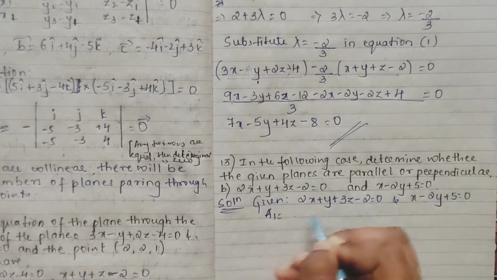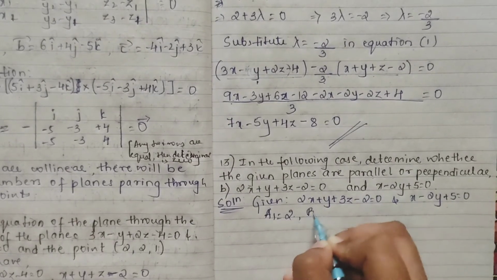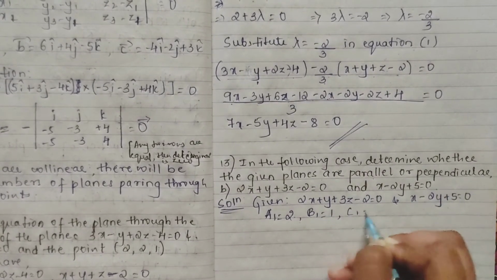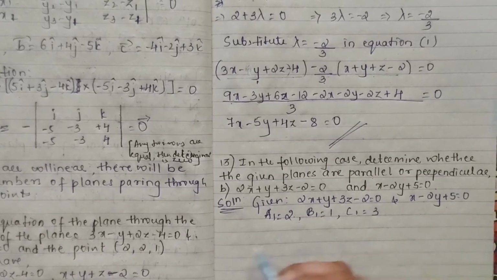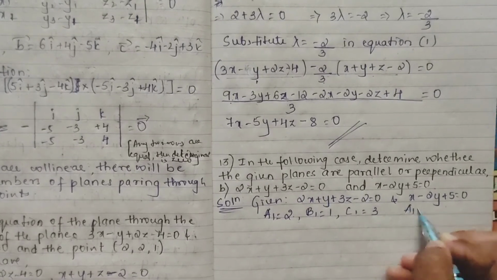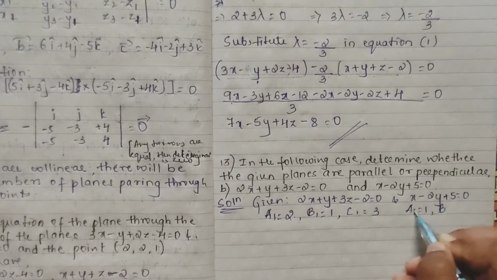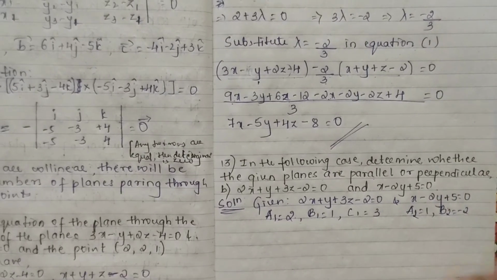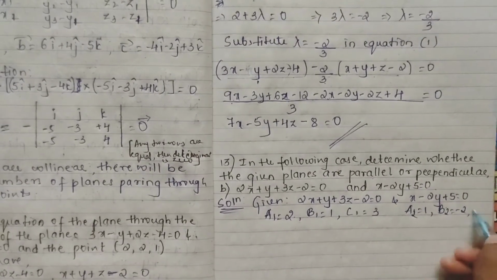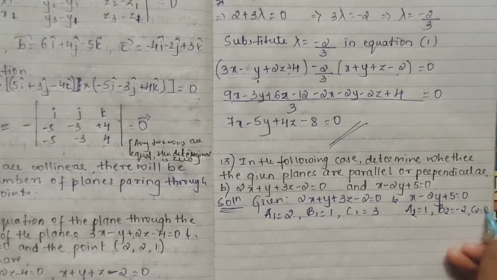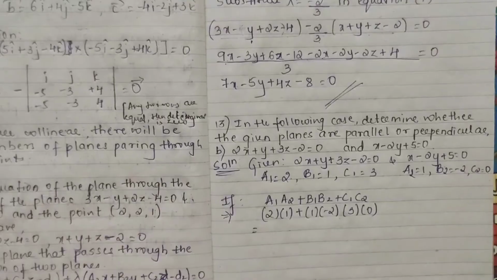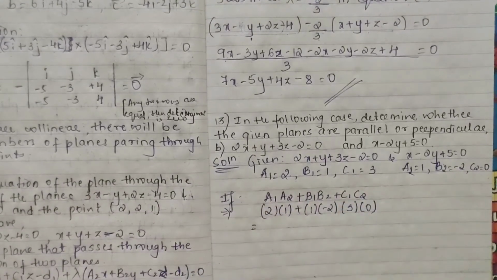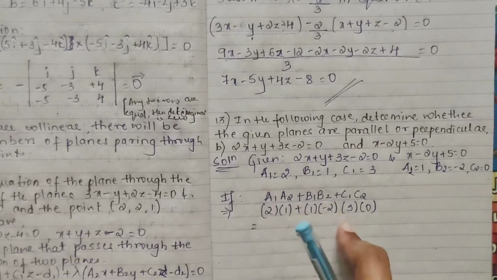Here A1 is 2, B1 is 1, C1 is 3. Now for the second plane, A2 is 1, B2 is minus 2. See, the z part is not there, which means C2 is 0. So we check A1 A2 plus B1 B2 plus C1 C2. If we get 0, they are perpendicular.